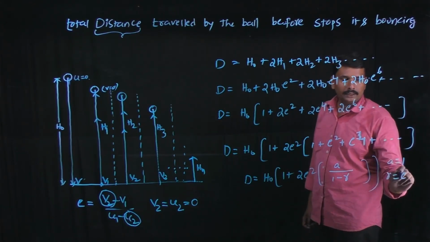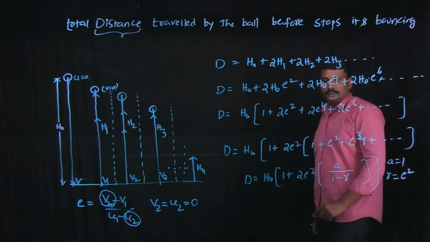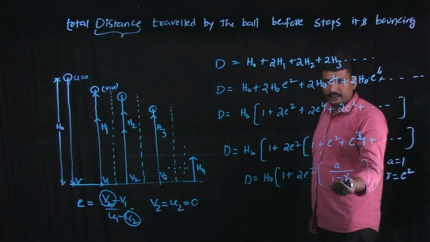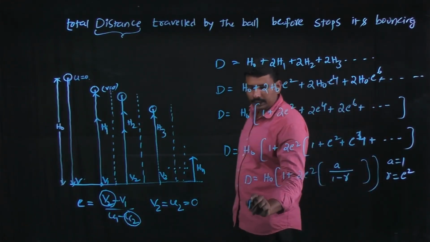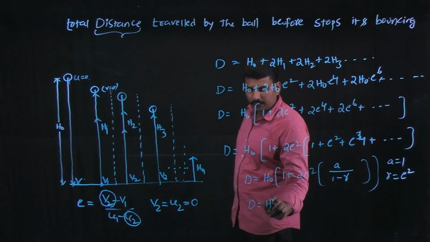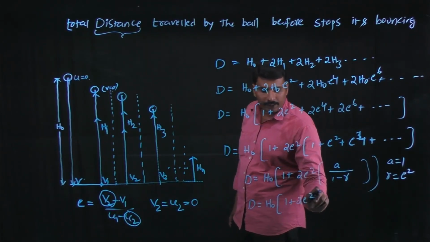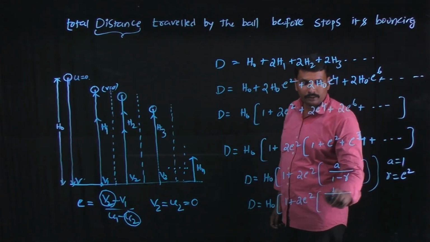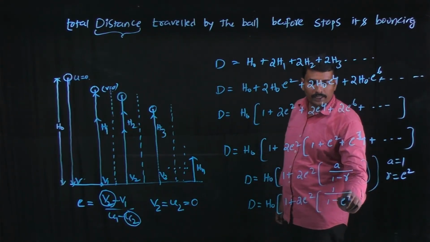It is e square. By substituting these values, this is the formula for the sum of infinite series in the geometric progression. It is d equals to h naught into 1 plus 2 e square into a, which is the first term, 1, by 1 minus r, the common ratio, 1 minus e square.